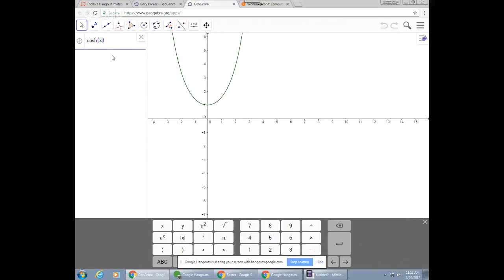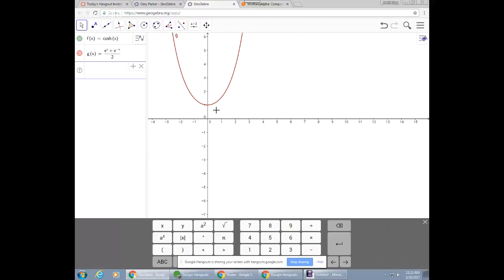And just to double check that that is the same thing, if I type parentheses e raised to the x plus e raised to the negative x, and then I divide that by 2, they become one and the same function, right? So the computer recognizes the hyperbolic cosine.